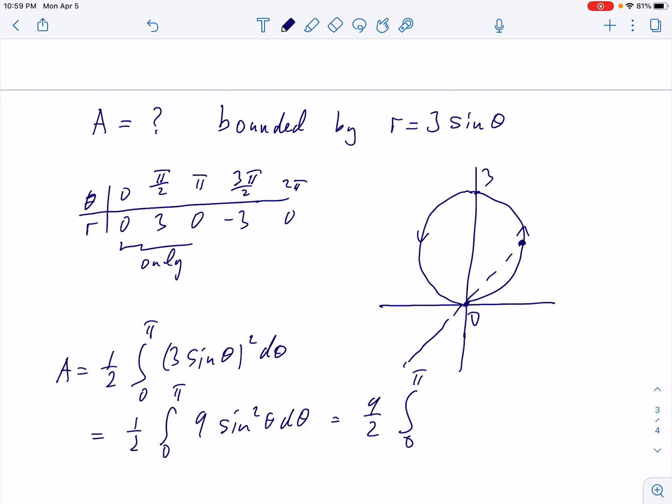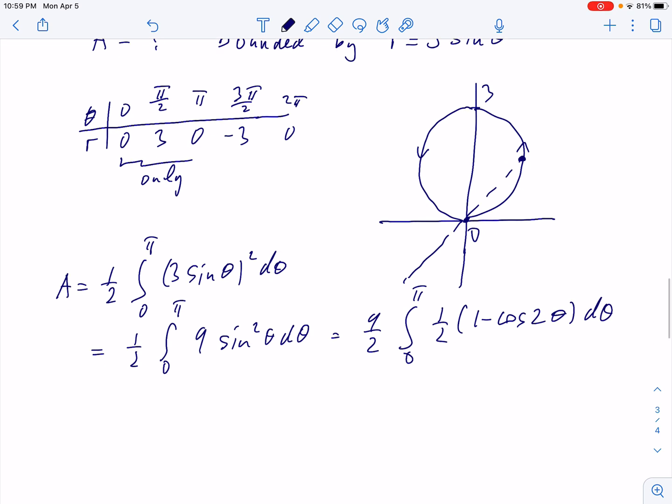For the sine squared again, remember it's 1/2 times 1 minus cosine 2 theta d theta. So we have 9/4. Integrating 1 we get theta. Integrating the cosine we get sine, minus sine 2 theta over 2. All this between 0 and pi.